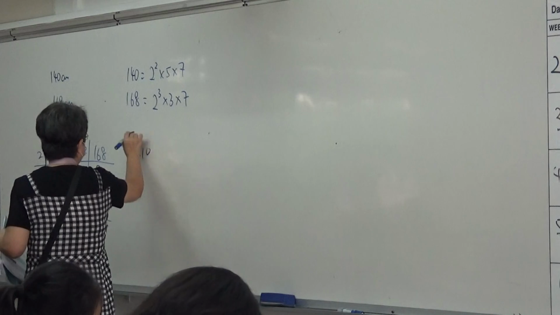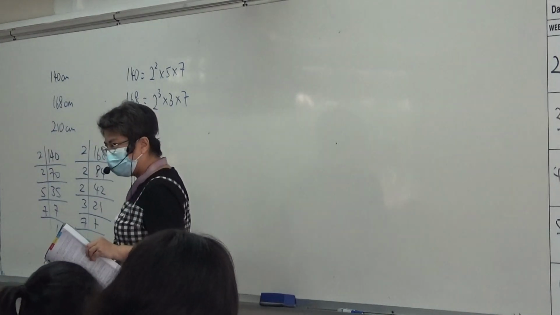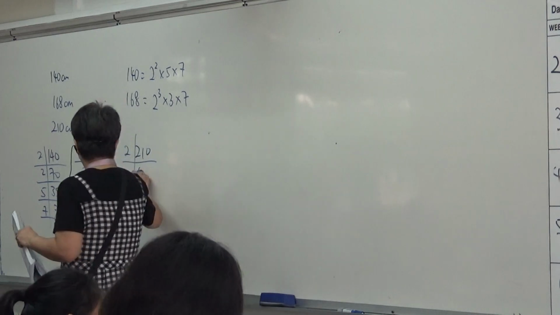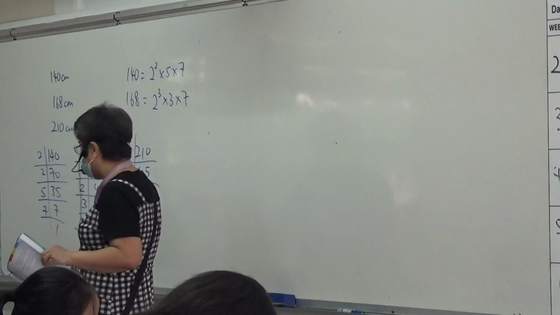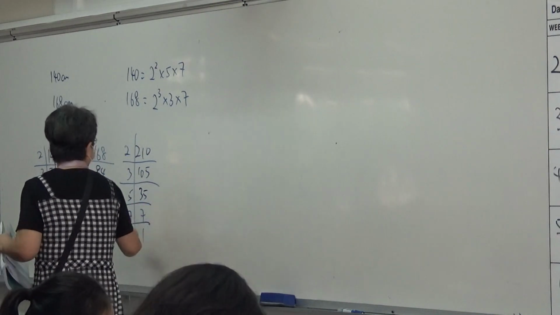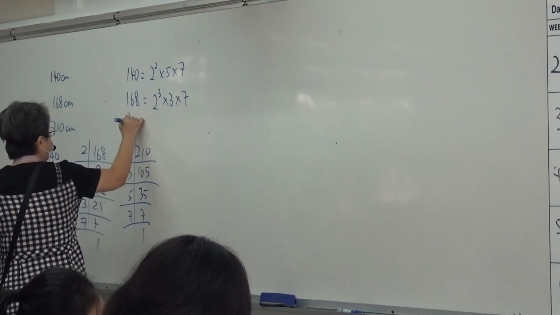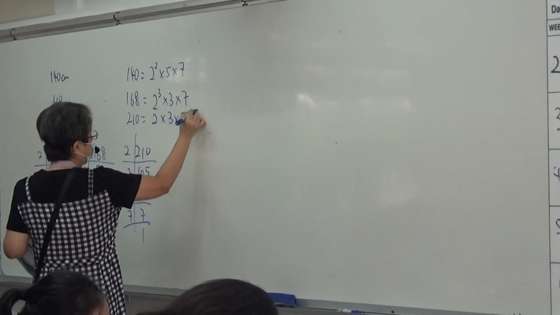Next one. Divide by 2. Focus. 105, 3, 35. Good. 5, 7, 1. Okay, so 210 is 2 times 3 times 5 times 7.